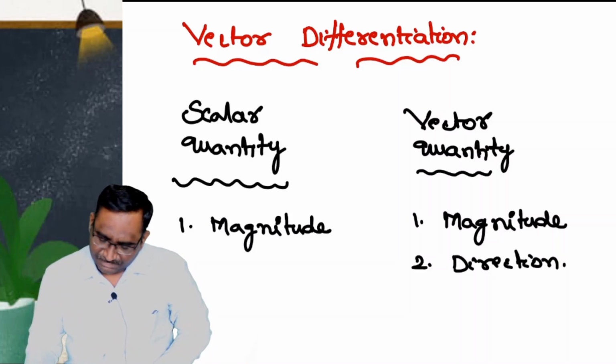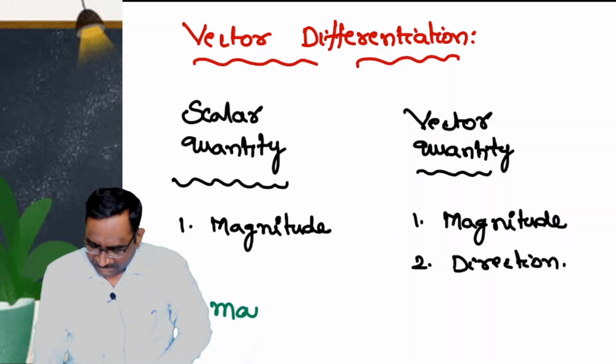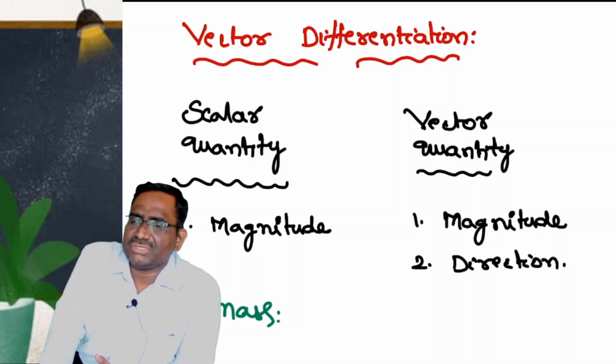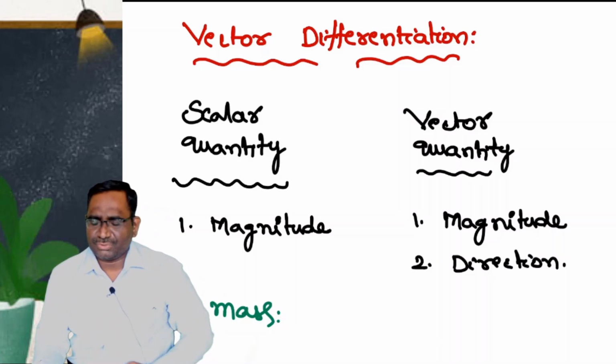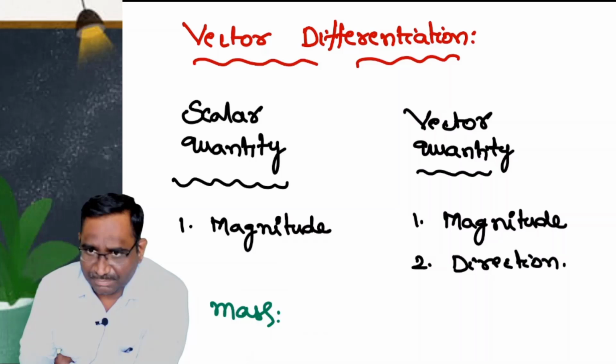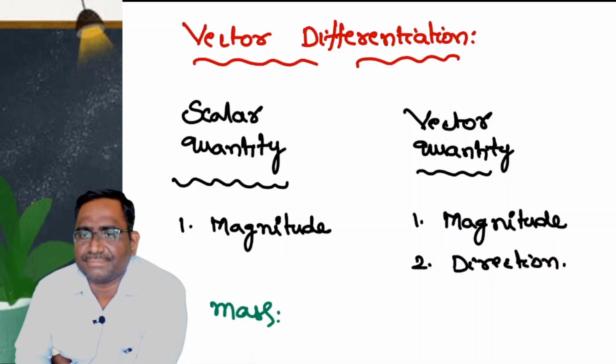Suppose there is a mass. A mass of 500 grams, 1 kilogram, 200 grams has only a magnitude.